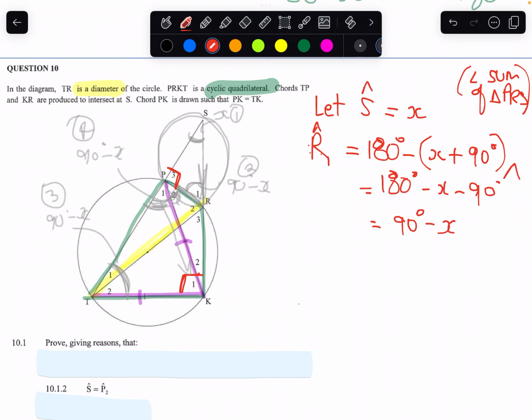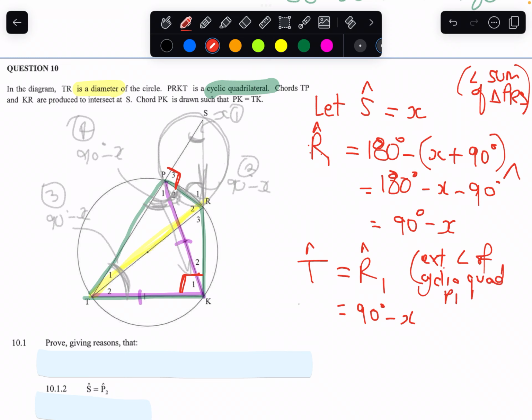Okay, cool. So we've got R1, and then we say T is equal to R1 is equal to, maybe let me put that on a new line, is equal to 90 minus x because exterior angle of cyclic quad PRKT.